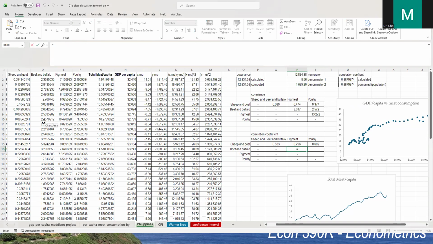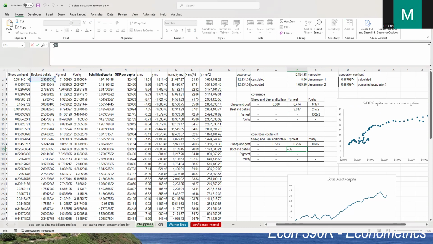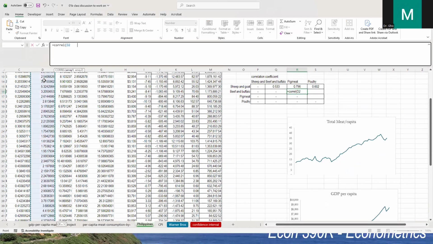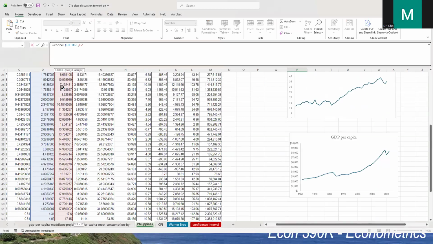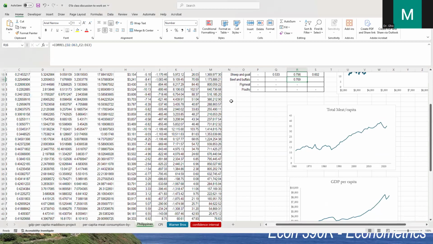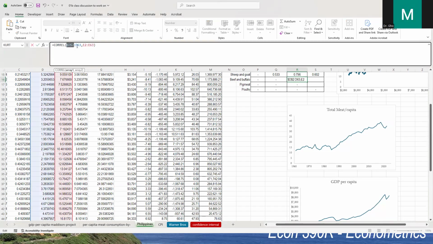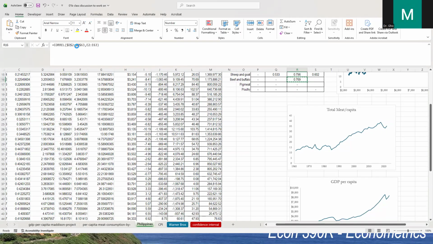Let's look at the Correl formula. It's a fairly strong correlation. I'm going to anchor these. F4 will anchor that.